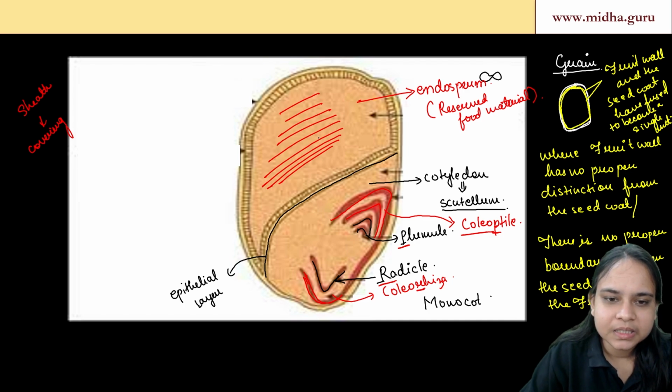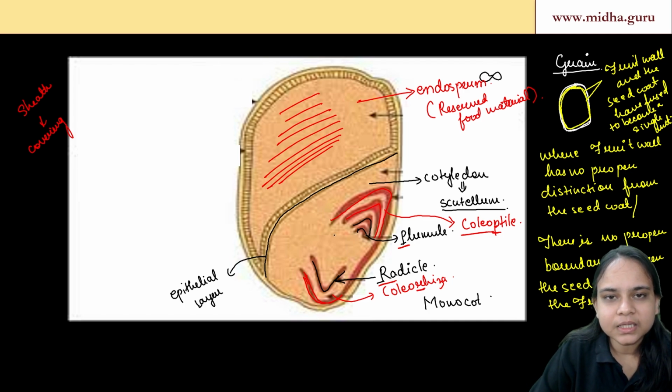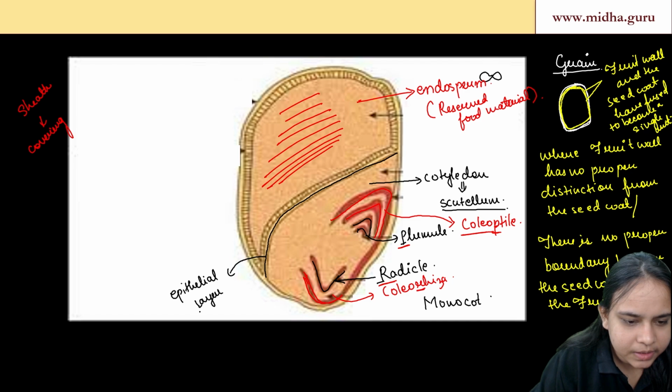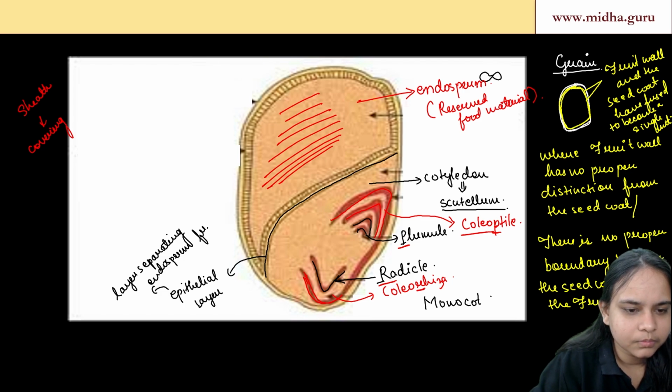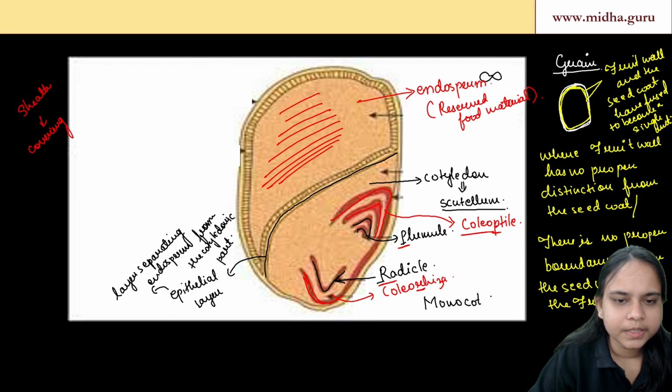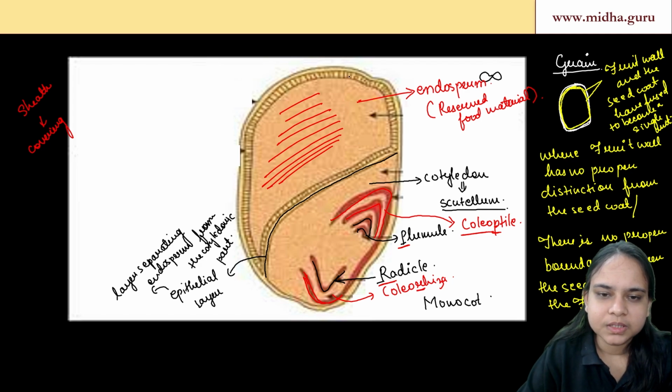It separates the endospermic compartment and the cotyledon compartment. We can say it is a layer separating the endosperm from the cotyledonic part.